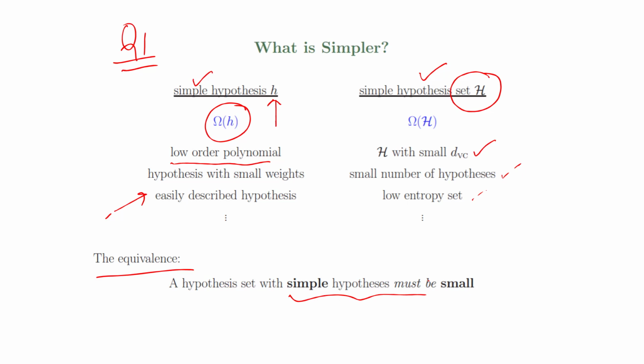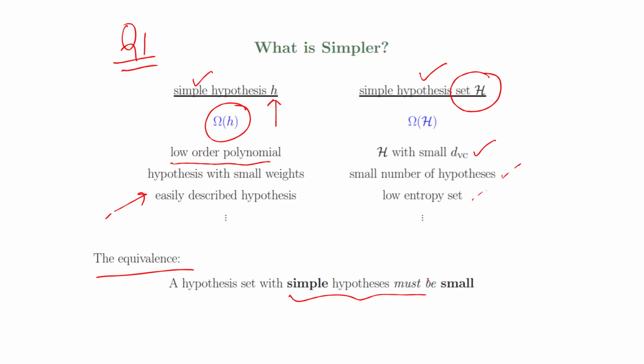That's the idea of a simple hypothesis. In general, each individual object in a family, whether in the case of a simple hypothesis or a simple hypothesis set, you must have noticed we say that when the number of objects is less, it is less complex. And even in learning, the same idea has been taken forward.